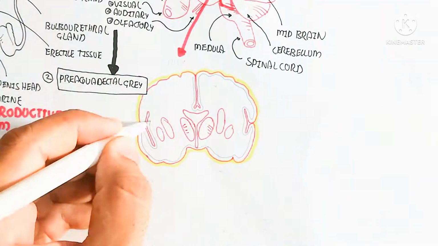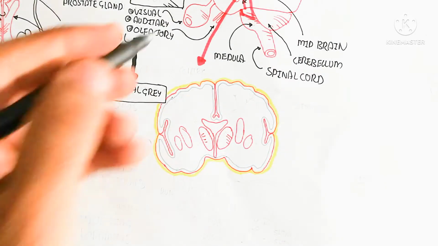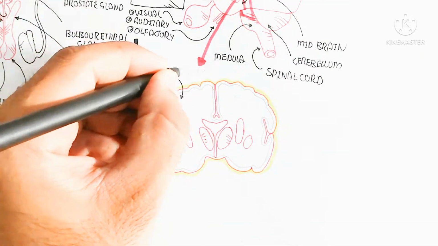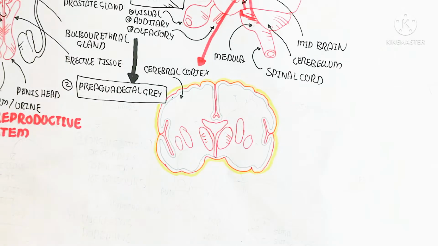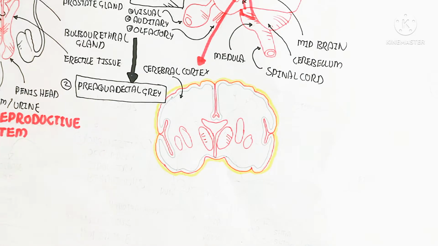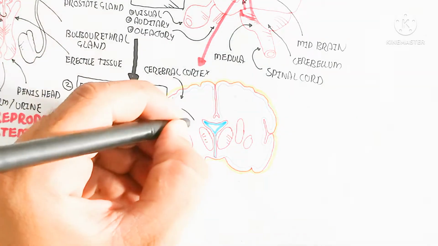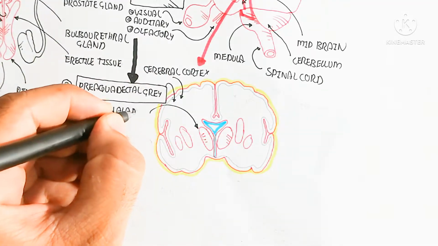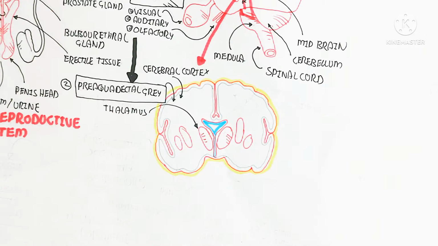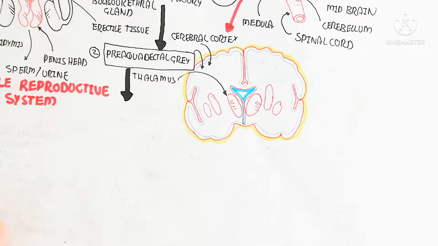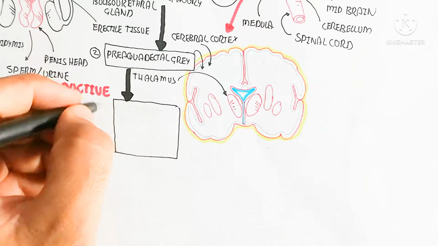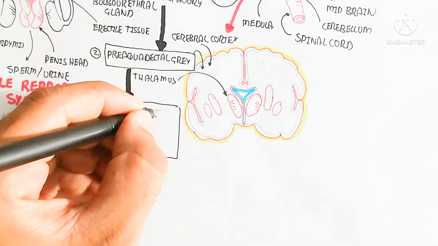So in this way, the cerebral cortex transmits the signal to the thalamus, and this will go into the hypothalamus, for the paraventricular nucleus and the medial preoptic nucleus. This is the cross section of the brain, showing that the outer region is the gray matter, while the inner is the white matter containing the thalamus.